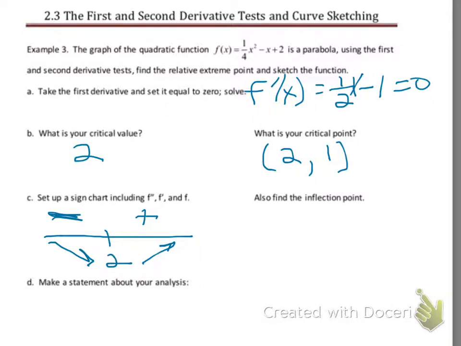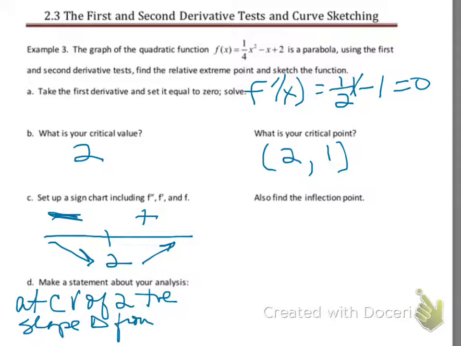So I can make a statement about it: at the critical value of 2, the slope changes from negative to positive, and therefore I have a min.